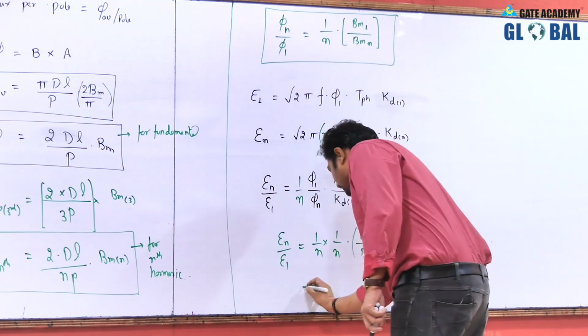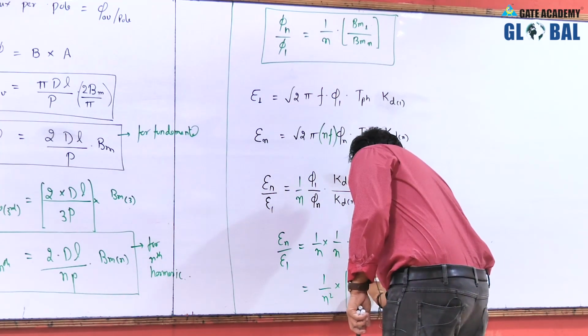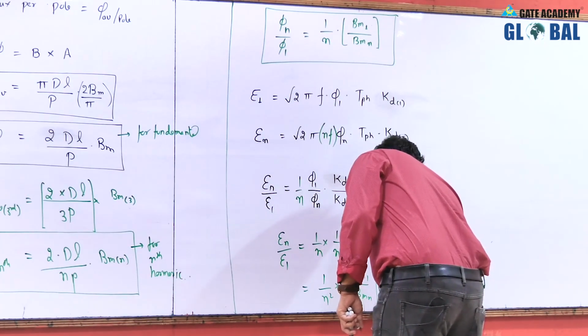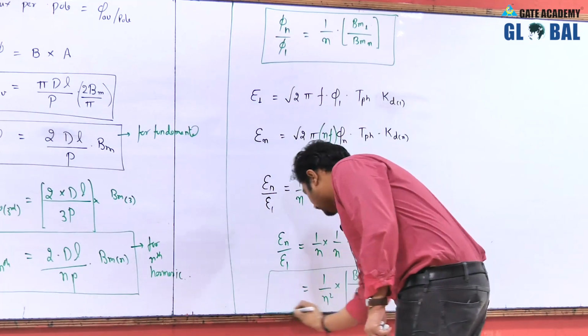Is it okay? So this will be equal to 1 by n square times Bm1 by Bmn into Kd1 by Kdn. Is it okay? So you may represent it in this way.